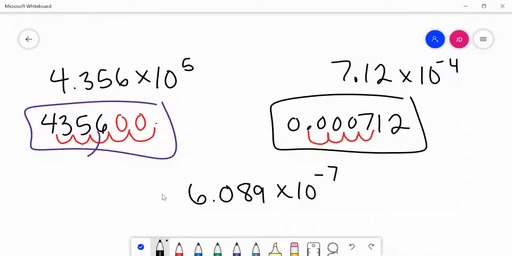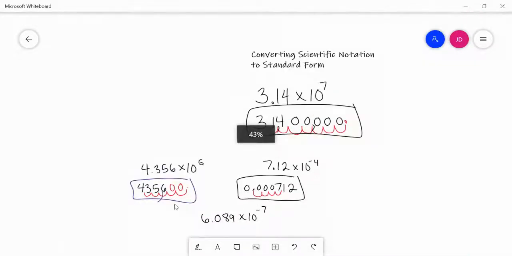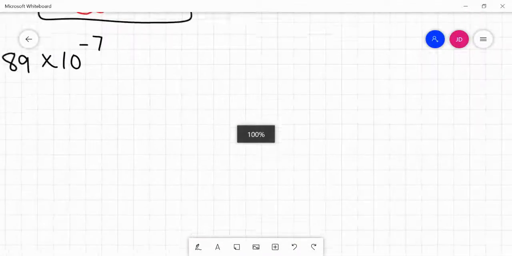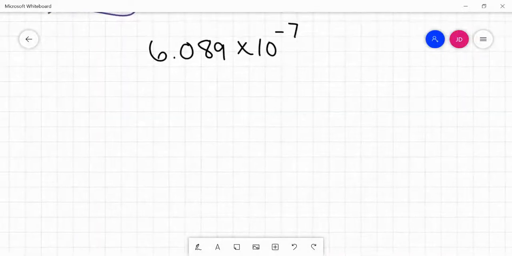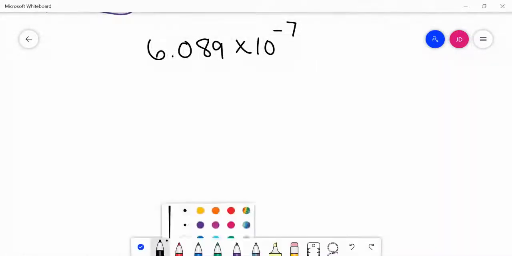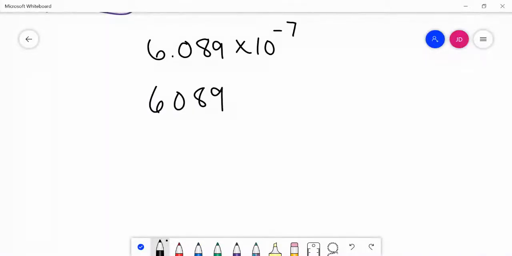Okay, let's take a look at this one right here. Again, a negative exponent. So I'm going to write out the number 6089. And I'm moving it 7 spots to the left.